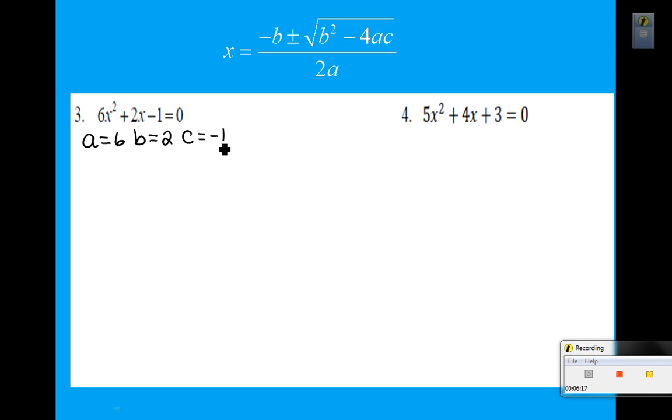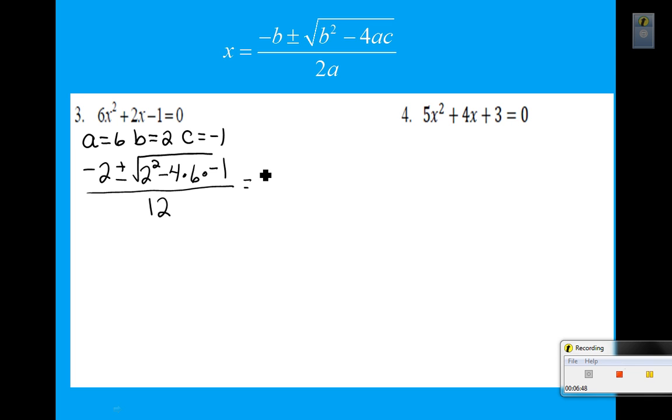So I've got the opposite of B, so negative 2 plus or minus the square root of B squared, so 2 squared minus 4 times my A value of 6 times my C value of negative 1, all over 2 times my A value. And A happens to be 6, so this becomes 12.